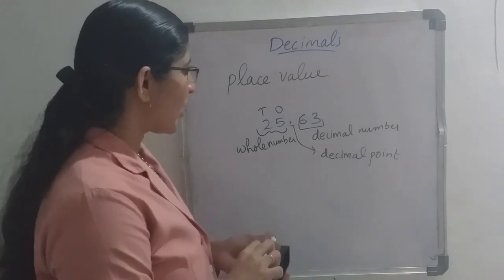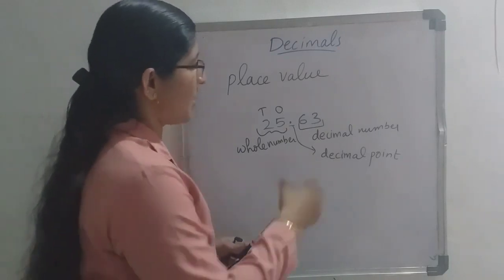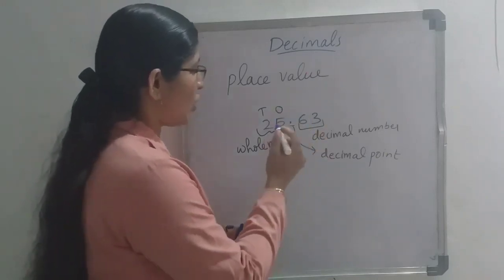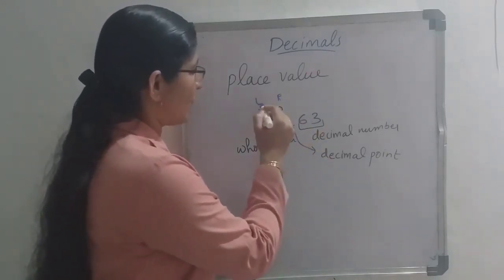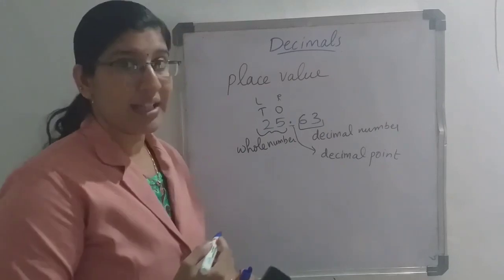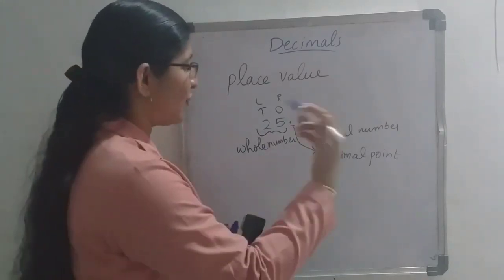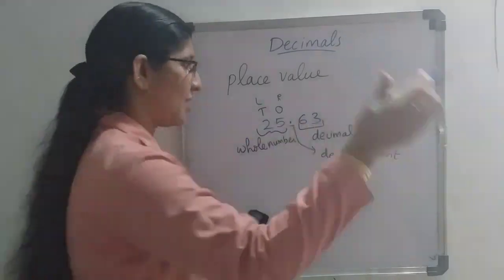Then what is the place value of this 63? I already told that whenever it is the normal numbers, it is going right to left. But in the case of a decimal number, the place value will go left to right.